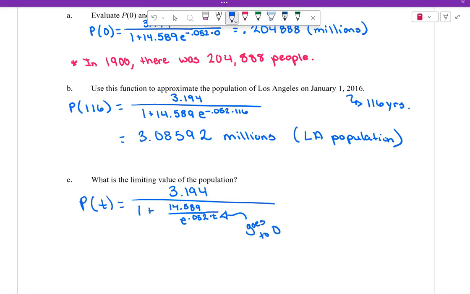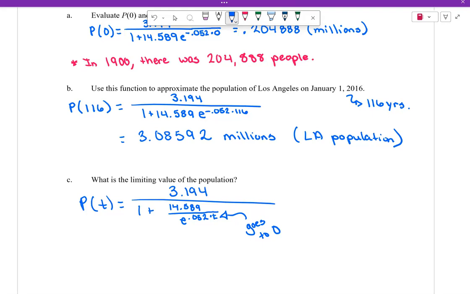For instance, if I take 14.589 and divide that by e to the 0.052 times, I don't know, 1 and a bunch of zeros. Well, it gave me an error because I did too many, so let me take some of those zeros off. Okay, as you can see, I get 0.08.